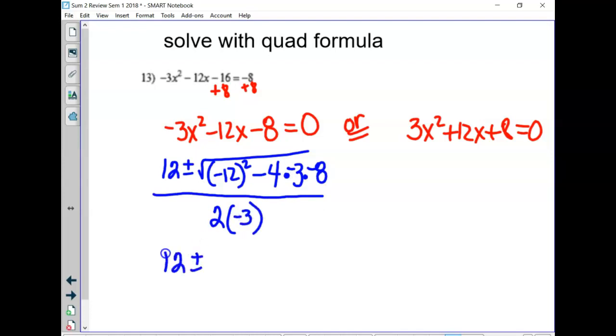So 12 plus or minus, this is 144 minus maybe 96, I'm guessing. 24, 48, 96. 144 minus 96, 48. Anybody checking me? If you're not getting that, we need to talk.